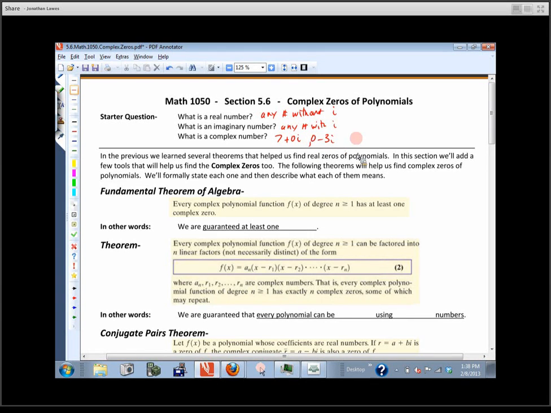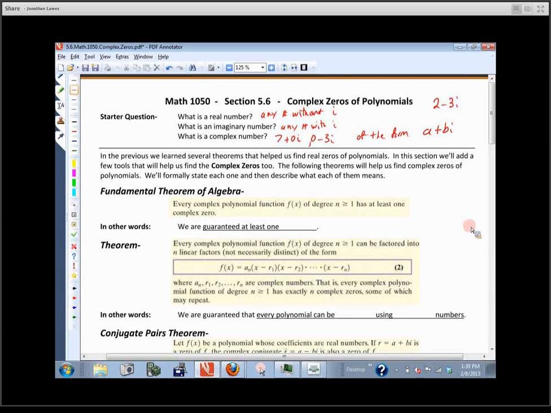It's any number of the form, anybody know? a plus bi. a is the real part, b is the imaginary part. Now, if I write 2 minus 3i, and I ask what's the real part, you would say 2. If I ask what's the imaginary part, you say -3.